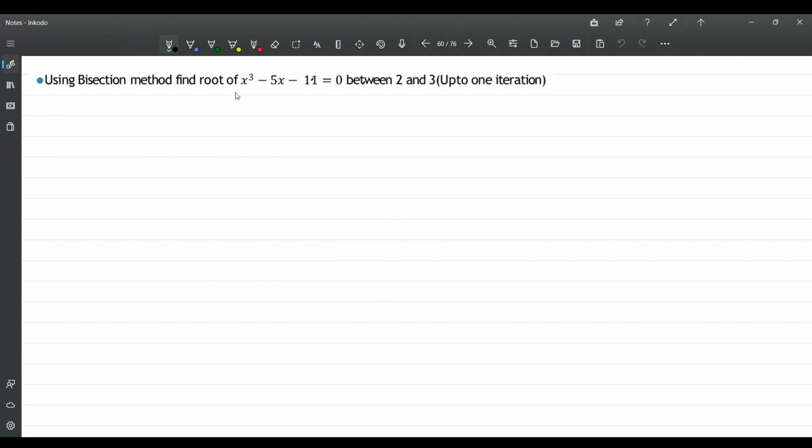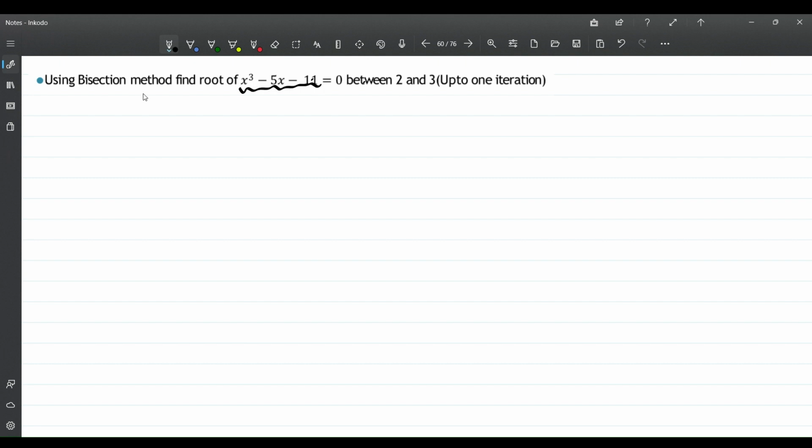The equation for the bisection method is x cube minus 5x minus 11 is equal to 0. We have to solve this equation by the bisection method, and in brackets you can see up to one iteration, meaning we have to find up to x1 only.